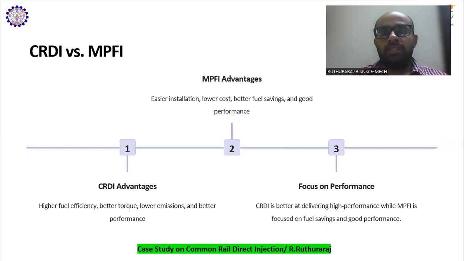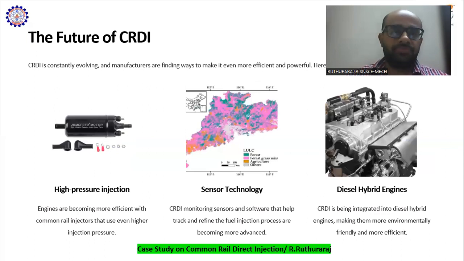Normally a single cylinder uses a single injector, but here multiple injectors will be used so that fuel is sprayed at multiple locations to increase the fuel efficiency. The advantages of MPFI are that it is lower cost and easy installation, but compared to the CRDI engine, since it is a pressurized fuel, the performance will always be better.